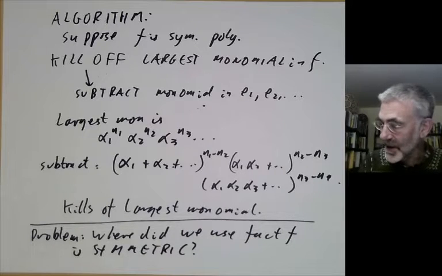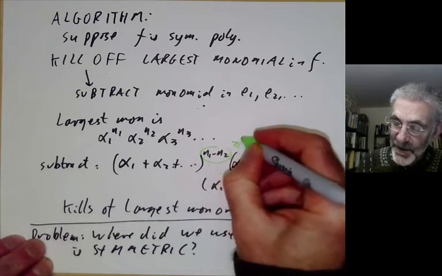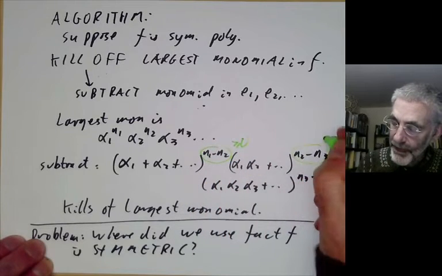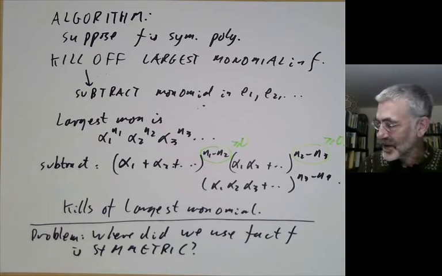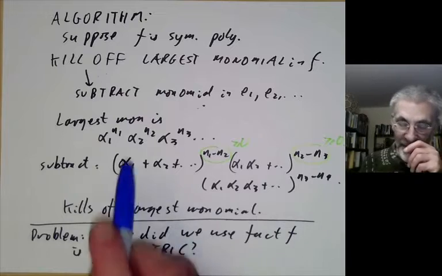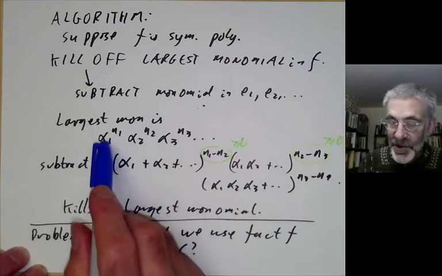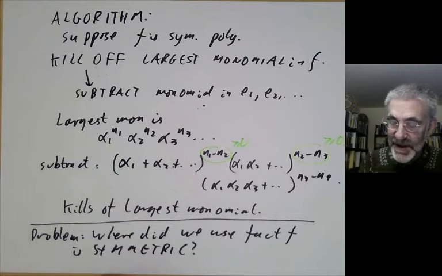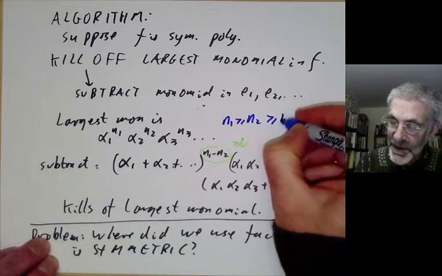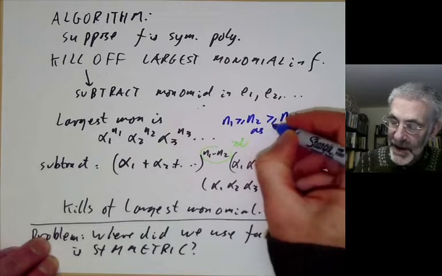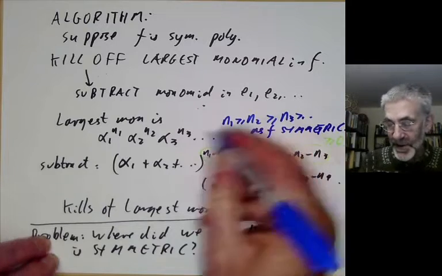Well, the key point is that we need these numbers here to be greater than or equal to 0. And the reason these are greater than or equal to 0 is you can check that if f is symmetric and the largest monomial is this, we have n1 greater than or equal to n2 greater than or equal to n3 and so on, as f is symmetric, which is quite easy to check.